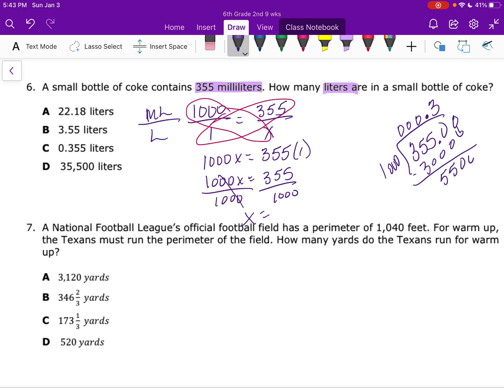Bring down your 0. Subtract, bring down your 0. Let's just subtract this to 2. Okay?